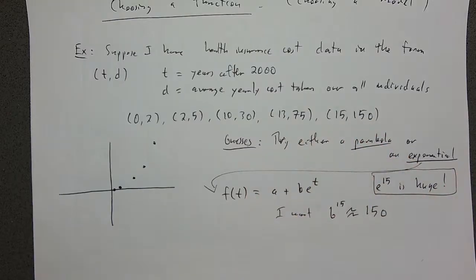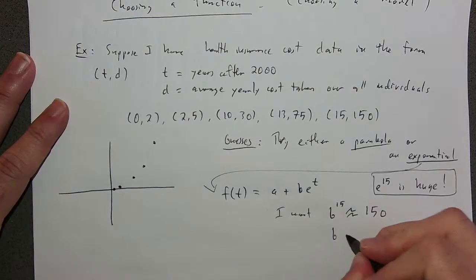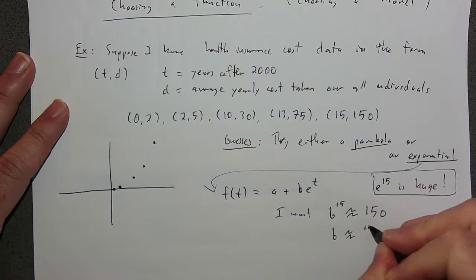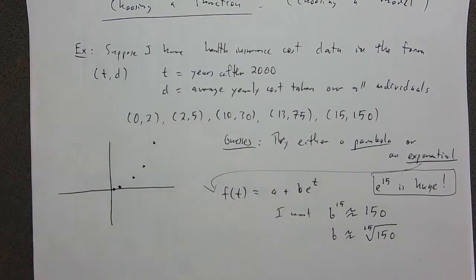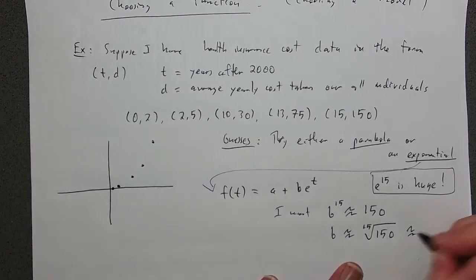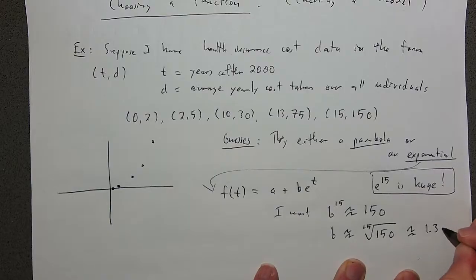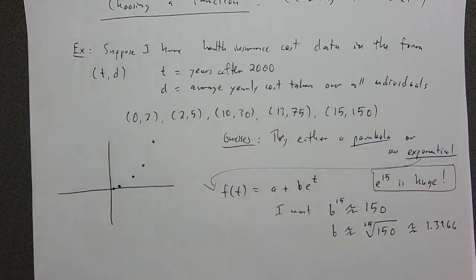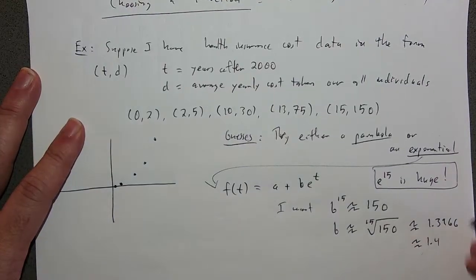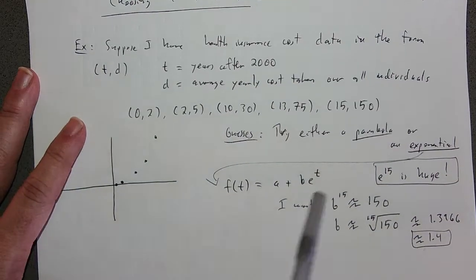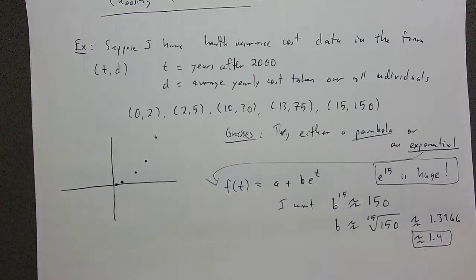So I want b to the 15 to be like 150. So I want b to approximately be the 15th root of 150. But the 15th root of 150 is like 1.39. So that's like 1.4. So let's try 1.4 as our base instead of e.